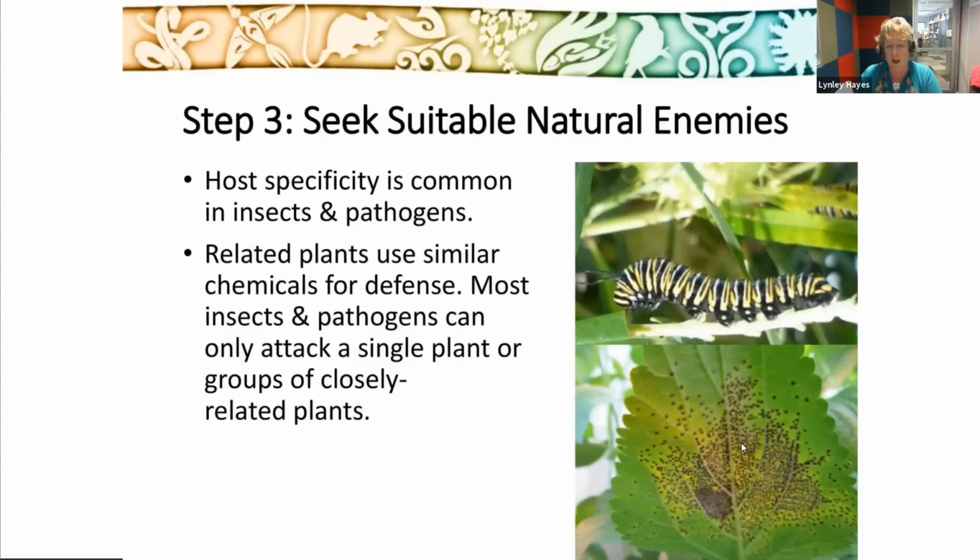And to go down that particular strategy means you're very closely tied to your host, and it's not easy for you to be able to change. A lot of changes would need to be made, and we'll talk about that a bit more soon. So most insects and pathogens in the world can only attack either a single host or groups of closely related plants.